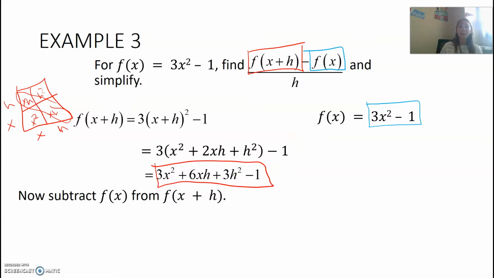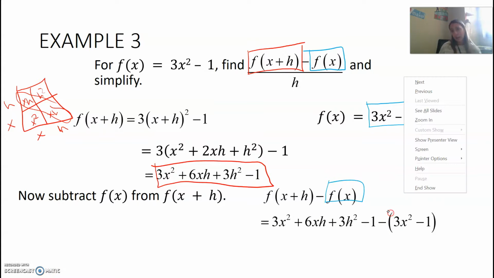So now I'm going to put both of those together. It says now subtract f of x from f of x plus h. So again, this is this one, and I'll do the red ones in here. Right here, this is the blue part. That's where we did that.